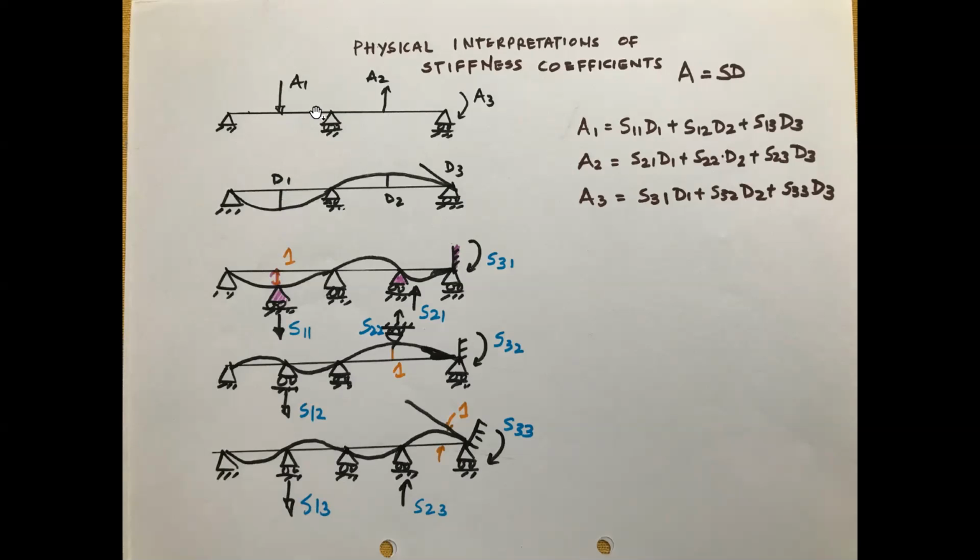Similarly, A2 is the force and the corresponding displacement is D2. A3 is the force, a moment, and the corresponding displacement, a rotation, is D3. Among these, forces are related with the displacement and moments are related with the rotation.